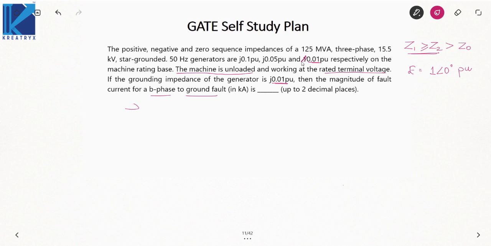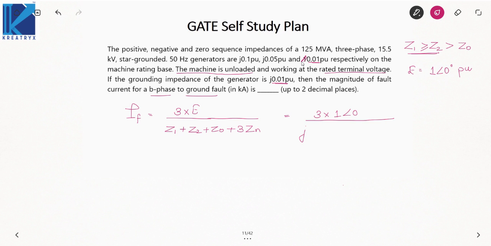Fault current for a line to ground fault is 3E divided by Z1 plus Z2 plus Z0 plus 3Zn. In unsymmetrical fault analysis, always remember the expression. But EMF can only be 1 angle 0 when the machine is unloaded and operating at rated terminal voltage.